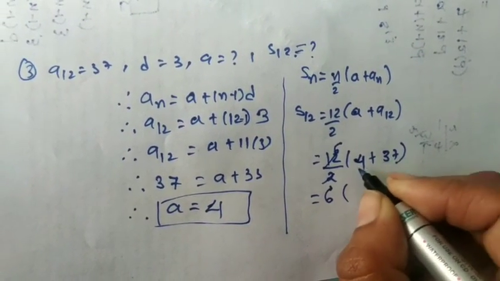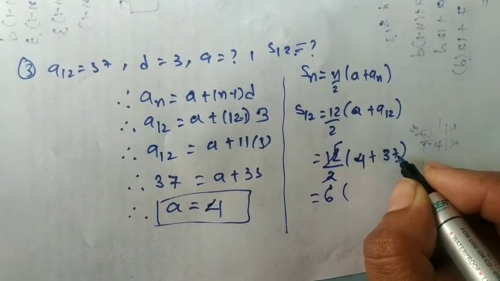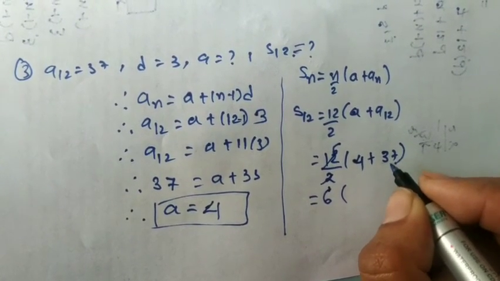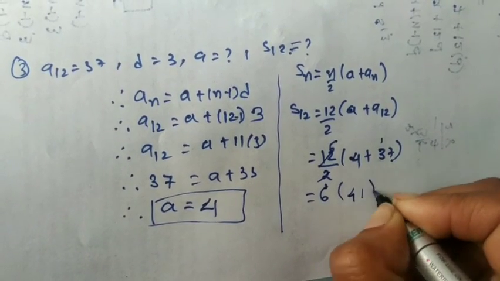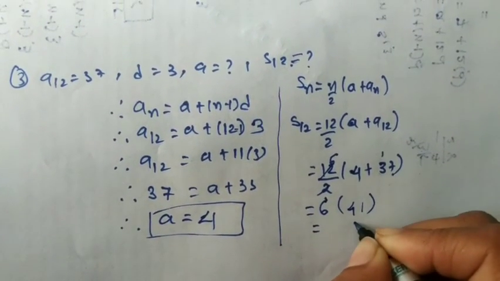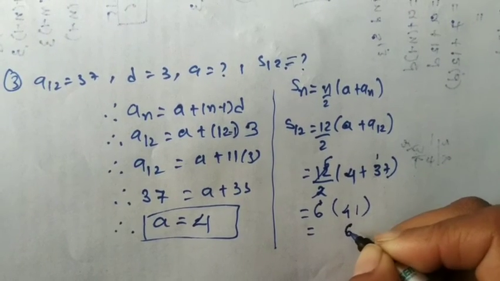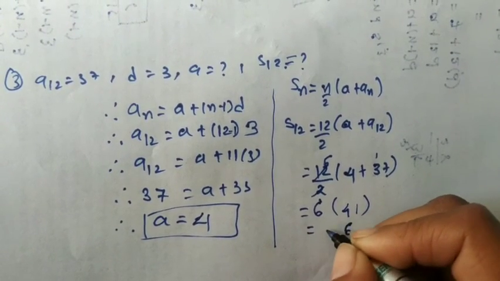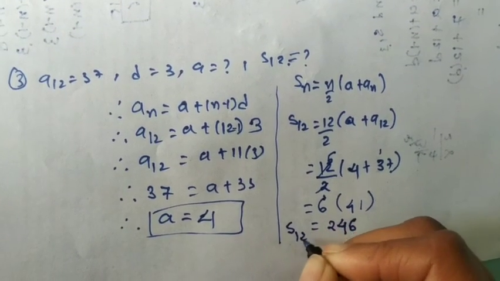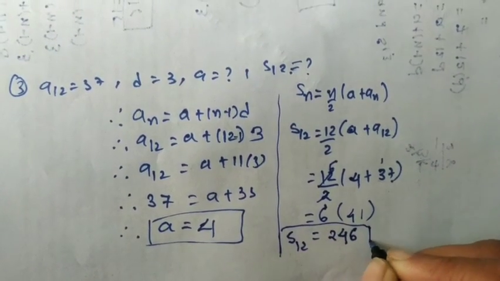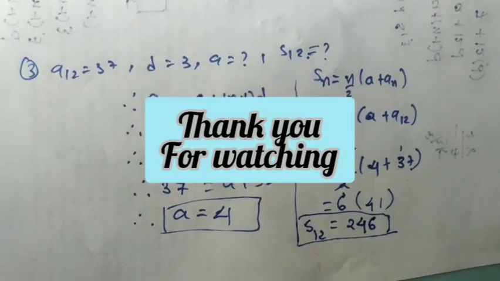Add this and whatever answer we are getting, that is 41 into 6, we will get 246. So here S12 we will get as 246. So this is the concept. I hope you understood.